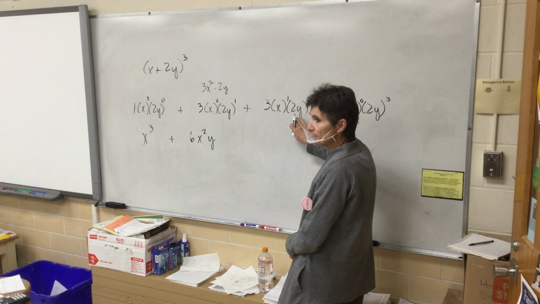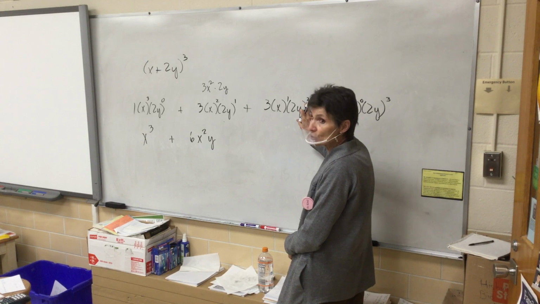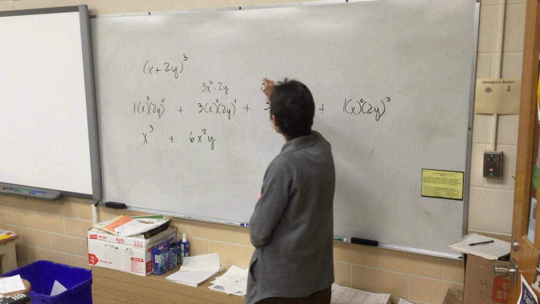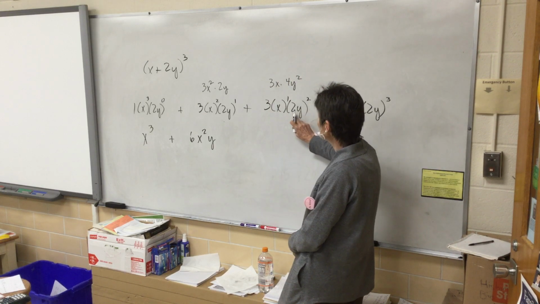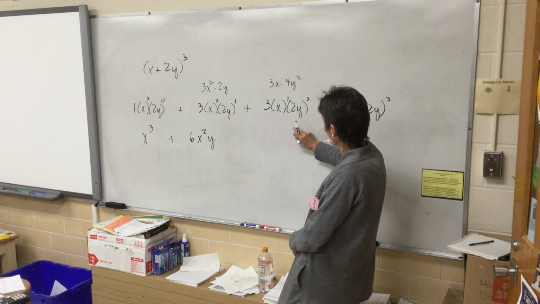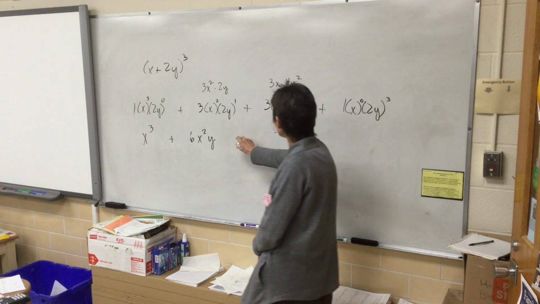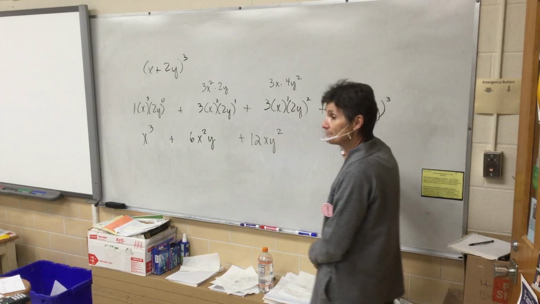See this right here? That's not only a y squared, but that's also a 2 squared, 4. So this is 3x times 4y squared. You have to square the whole thing, the 2 and the y. So that term is going to be 12x y squared.